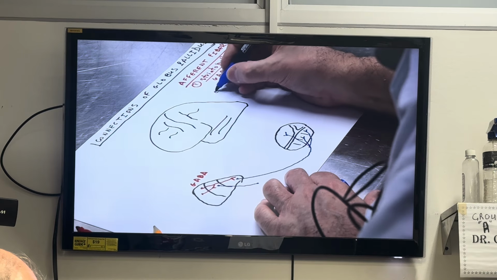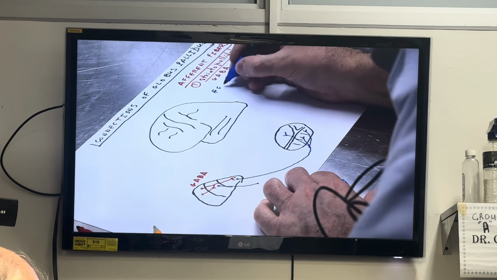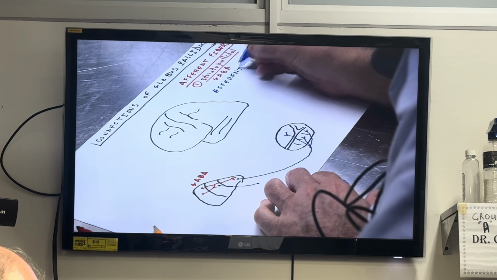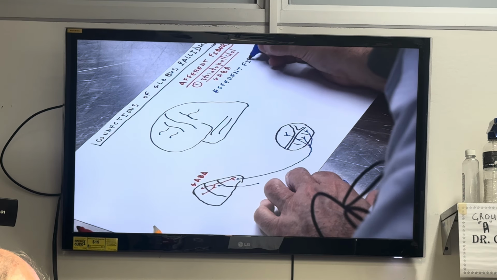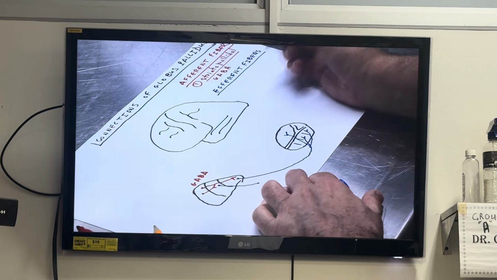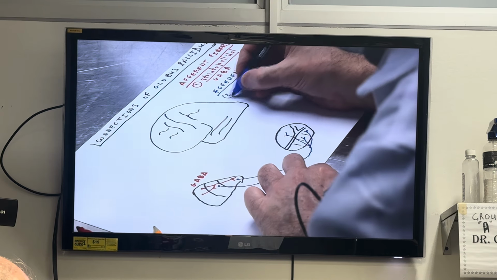And so this one will be what? The afferent fiber. What will be? So it will be pallidofugal.